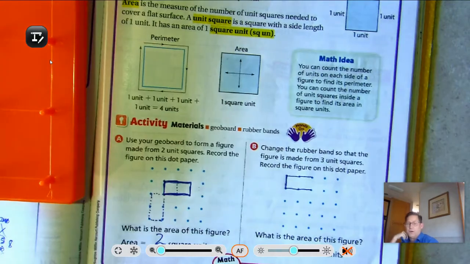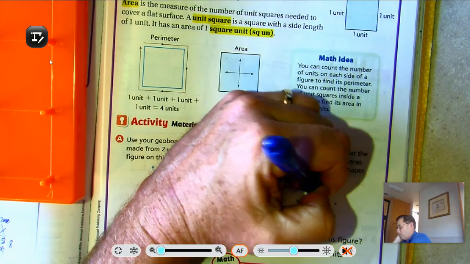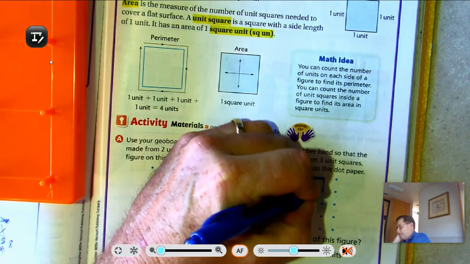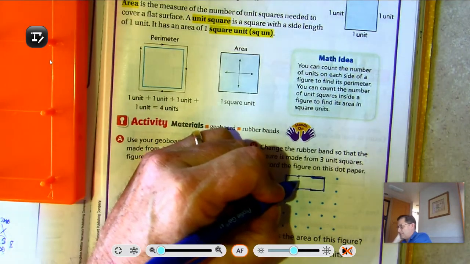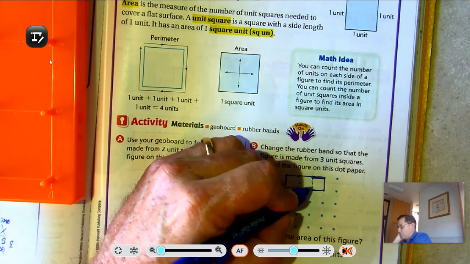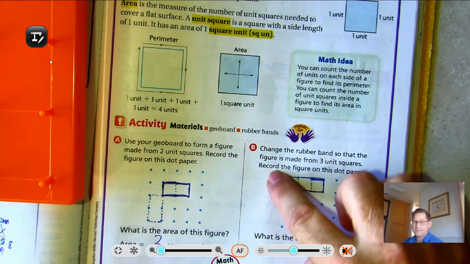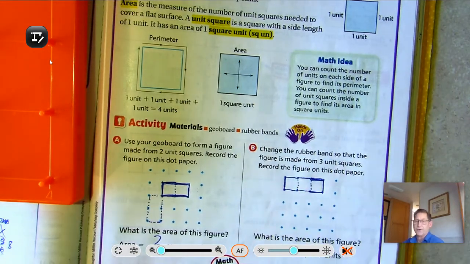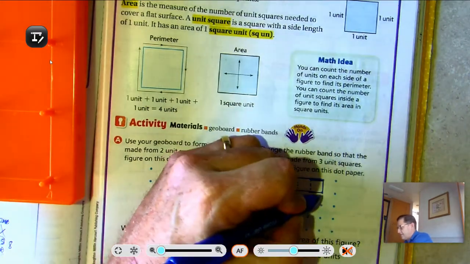That's 2 squares. Extend it out one more, we'd have 3 squares. Put dashed lines just so we can kind of see all the 3 squares. Okay. So the area inside the rectangle is 3 square units. Okay, we could have also gone vertically.